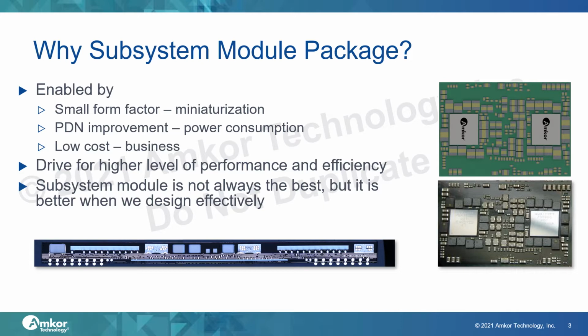For low cost with PDN performance, unlike a motherboard design with a decoupling capacitor, the subsystem module package system needs to redefine the role of the capacitor and its configuration for PDN performance.